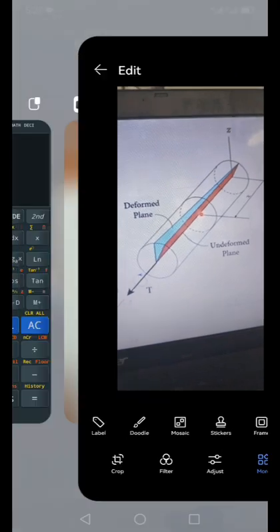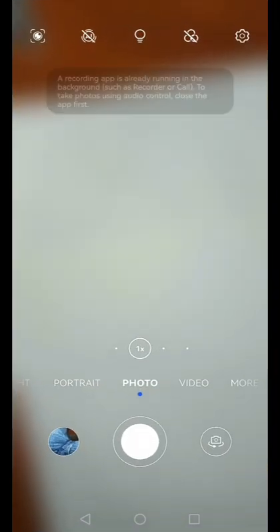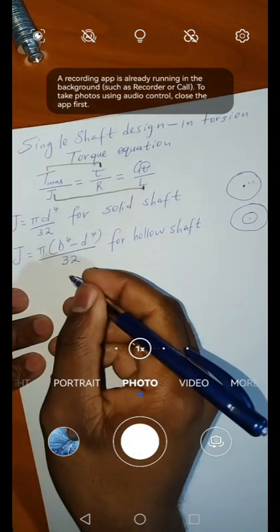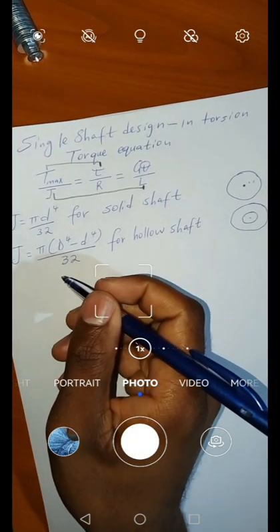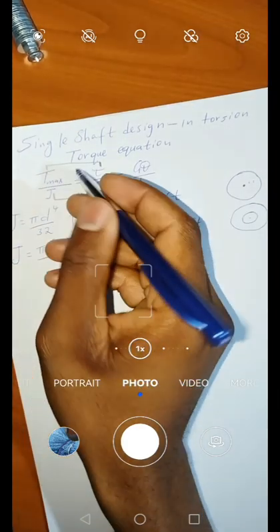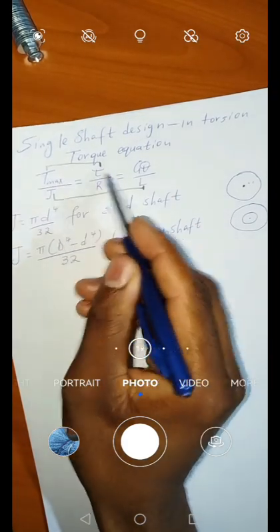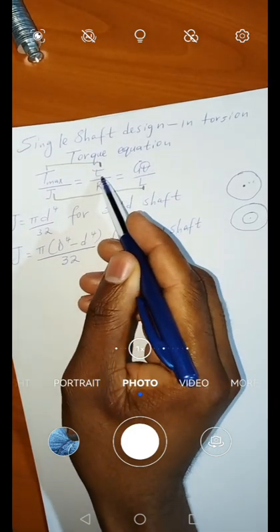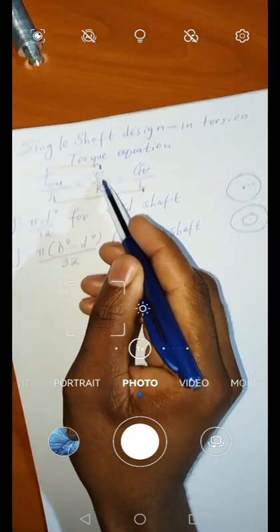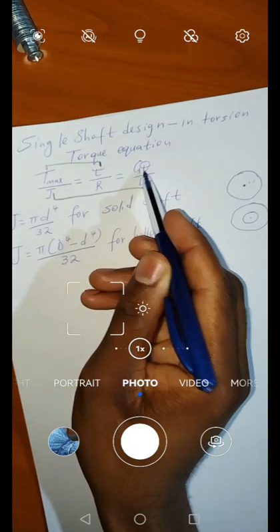you can calculate it using this formula here. We advise you to either equate this to this or this to this. We don't advise you to equate this one and this one. Mathematically, it's fine.